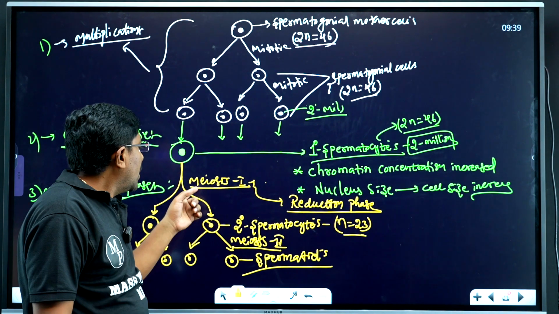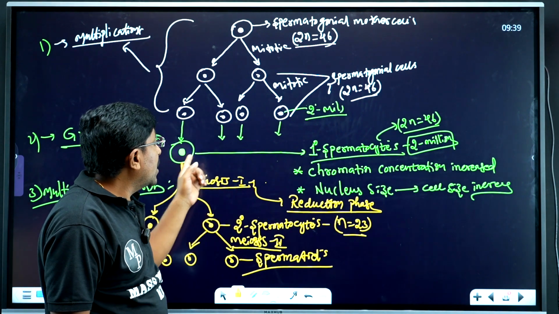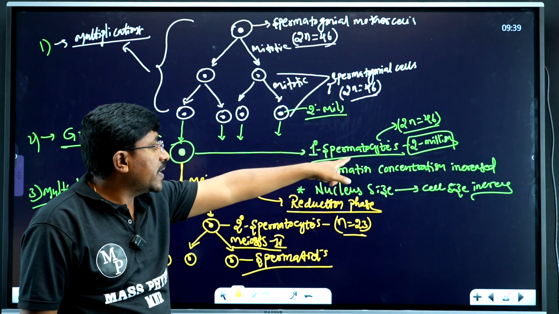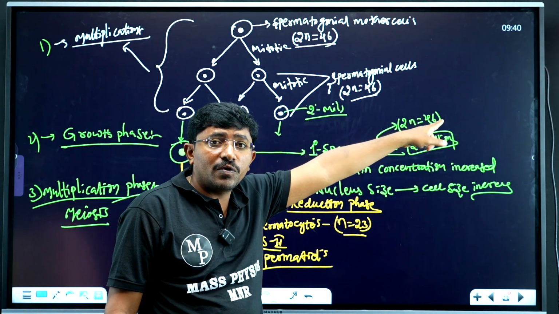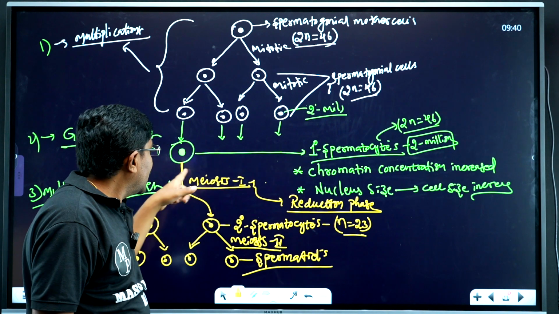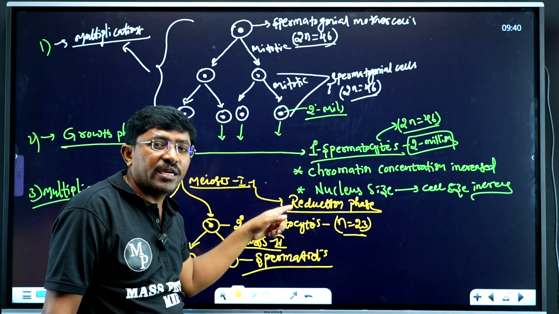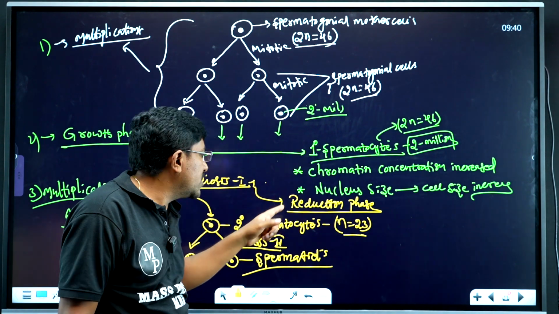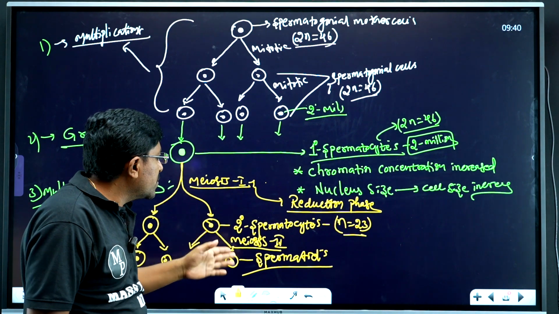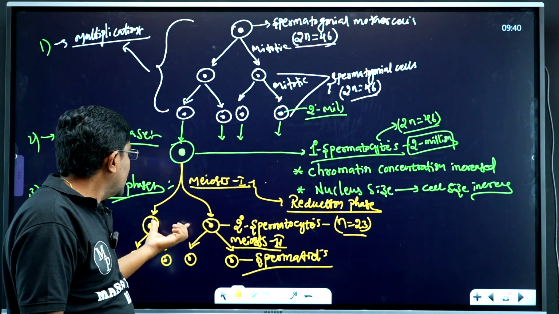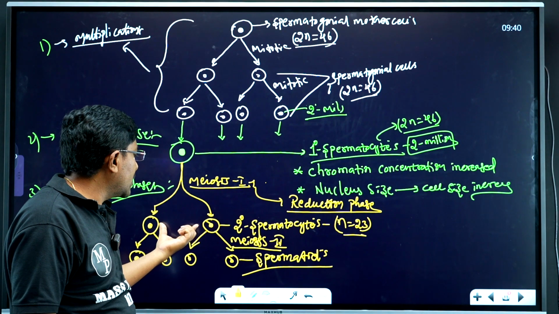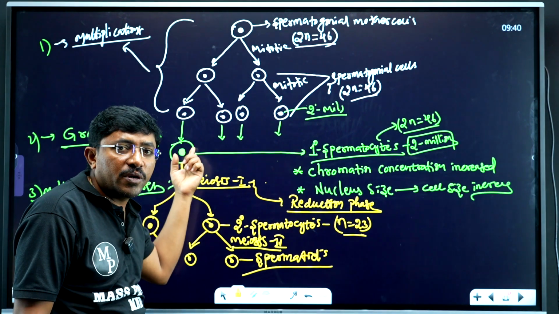That's why meiosis 1 occurs within the primary spermatocytes. Here 46 chromosomes are there. After completion of the first reduction division, meiosis 1, the number of chromosomes becomes half. See, these two secondary spermatocytes are the daughter cells of this primary spermatocyte.